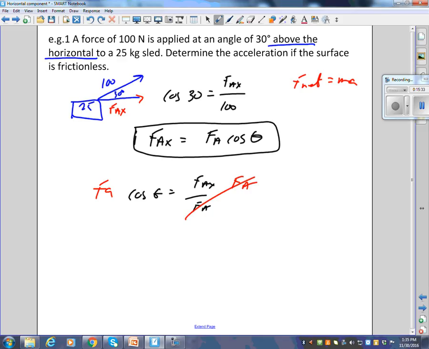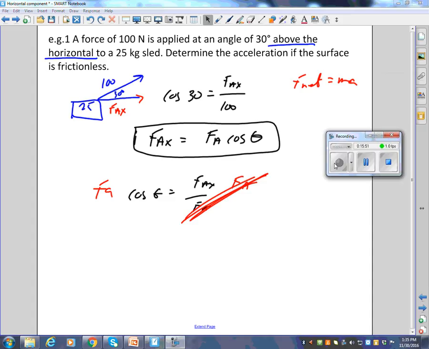It doesn't matter what it is. When you multiply by FA, the FA's cancel, and you get the FA over there, right? So all you're doing is the manipulation before you put the numbers in. I don't recommend that, but eventually you're going to have to be able to do that.